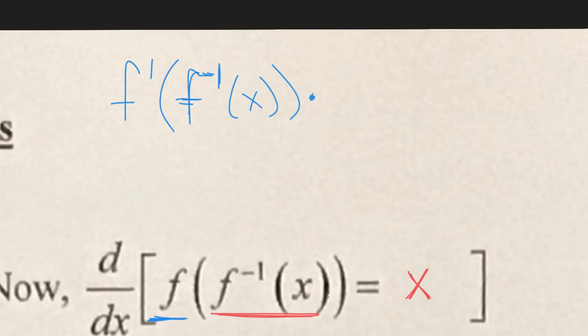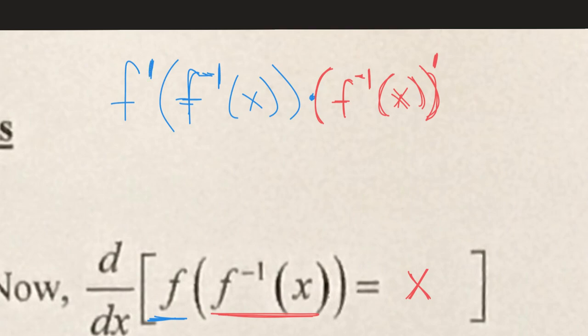Okay, so you might not like the notation here, but the inside is f inverse of x prime. We put the prime notation on the outside of the parentheses because we're multiplying the inverse derivative times the derivative of the function.